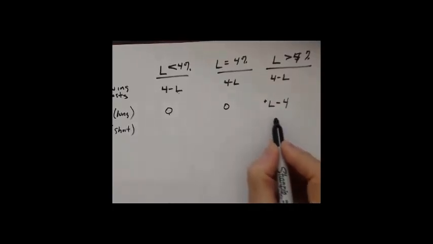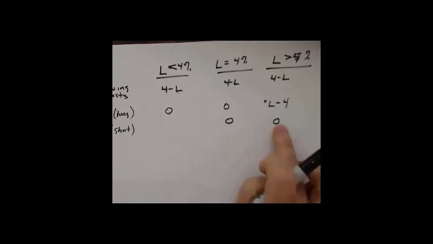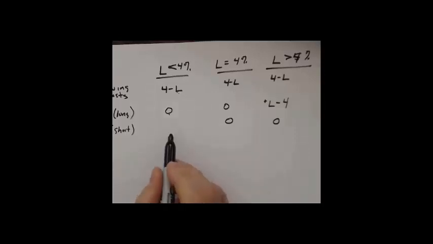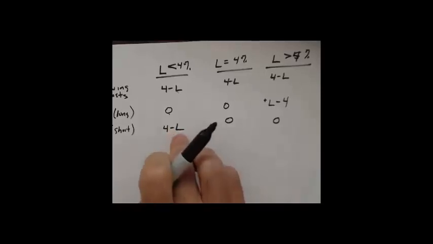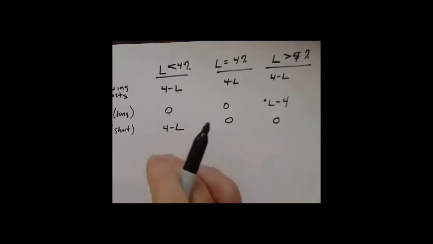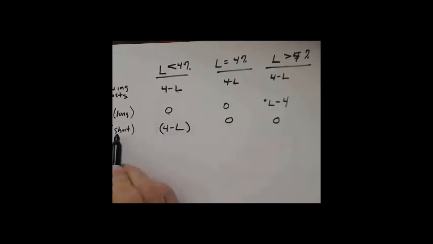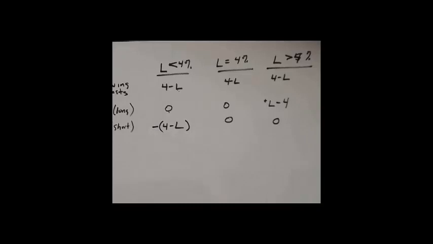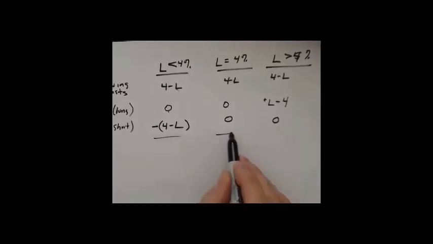Now with a written put, let's do the easy part first. Puts are out of the money when the interest rate goes up, but when interest rates go down, a long put would be 4 minus L, because that's what you're going to receive and what you're going to pay. But since we wrote the put, there's a negative sign in front of it. So that's the payoffs that we're used to seeing.